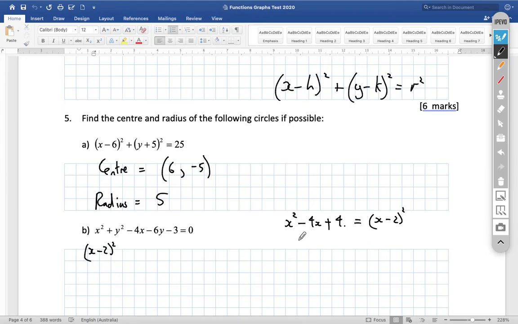This is your old a squared minus 2ab plus b squared equaling (a - b) squared. That bit's right, that bit's right. It's fitting this idea of a square, except we didn't have the 4, so you need to subtract away the 4. I'll just tidy this up.